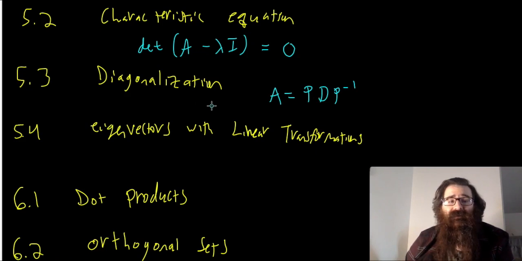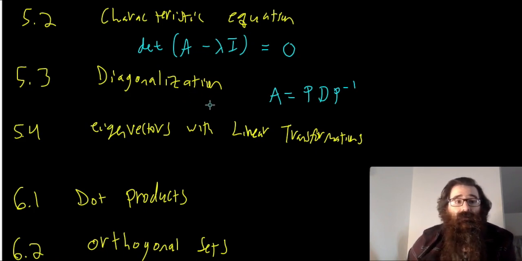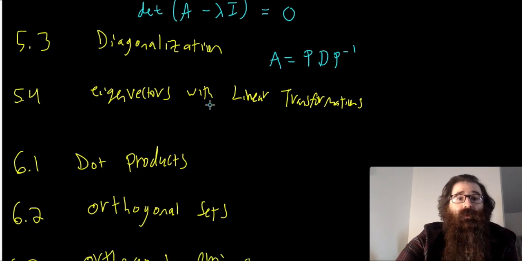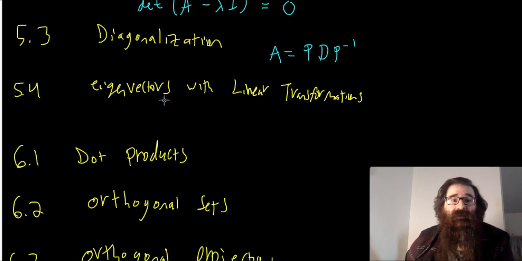We talked about all the steps here, so make sure you know how to diagonalize a matrix and that you're comfortable with that process. And then in 5.4, we saw a lot of really cool examples working with linear transformations, tying information from diagonalization into linear transformations.